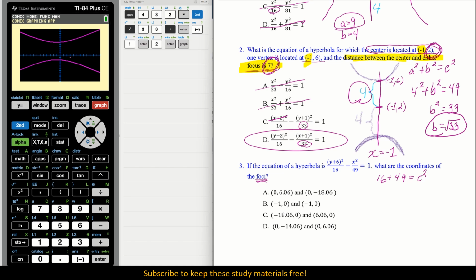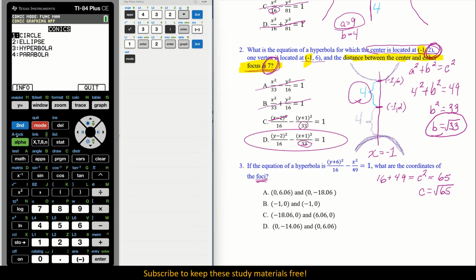That is going to equal 65. So c equals the square root of 65. Well, let's put that in our calculator before we get too crazy. Let's do the math and see what that is.